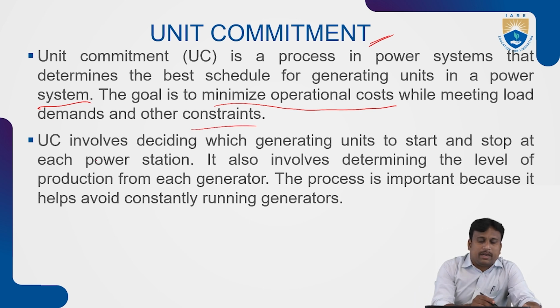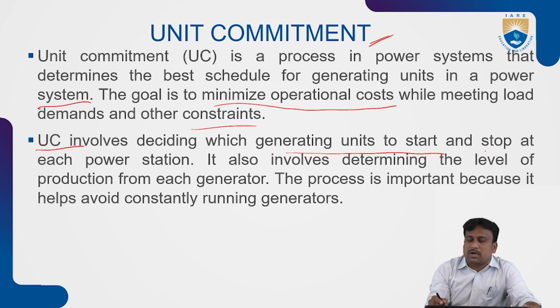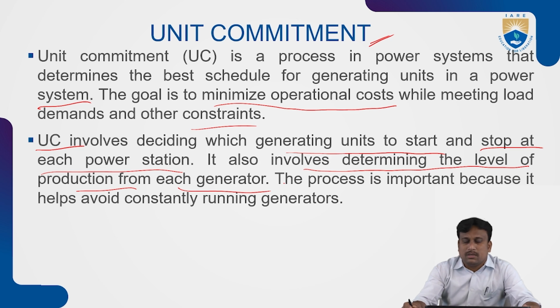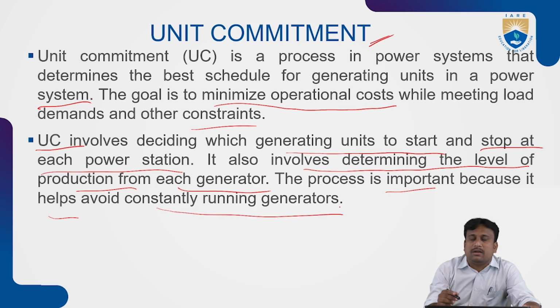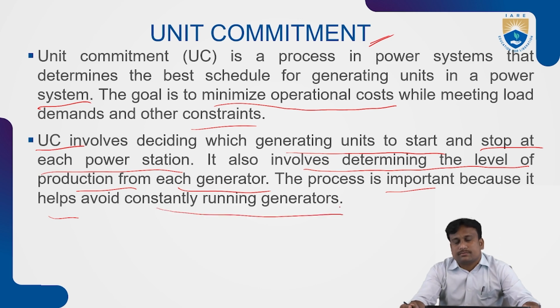It involves deciding the generating units to start and stop at each power station. It also involves determining the levels of production from each generator. The process is very important because it helps in avoiding constantly running generators.